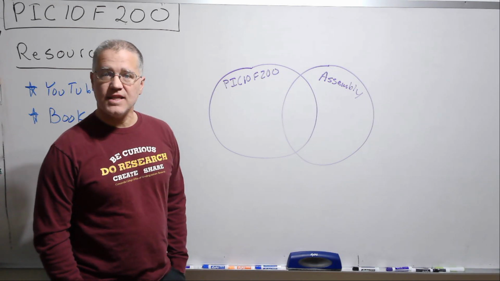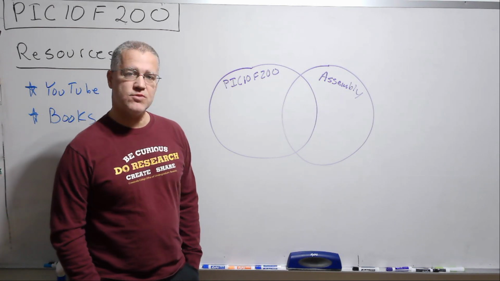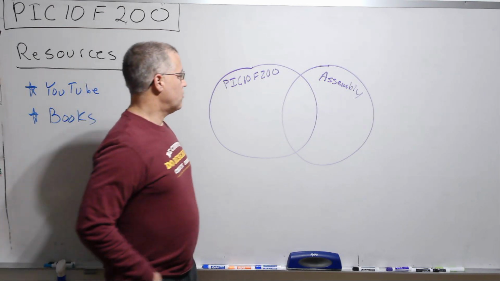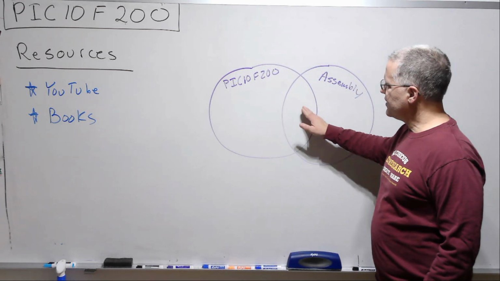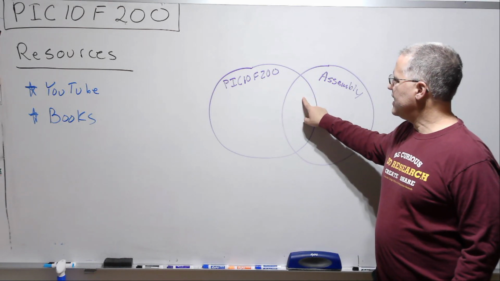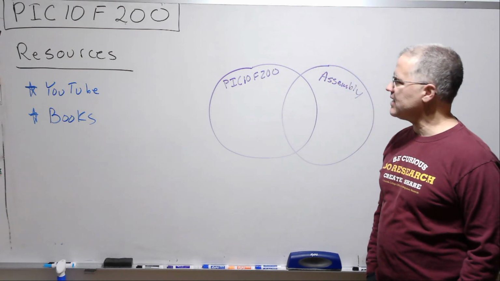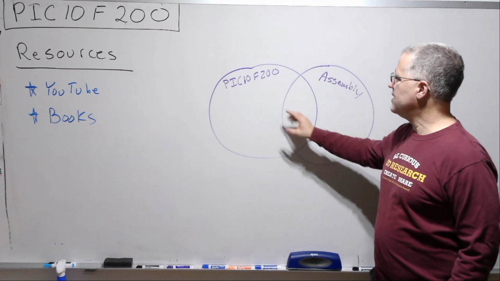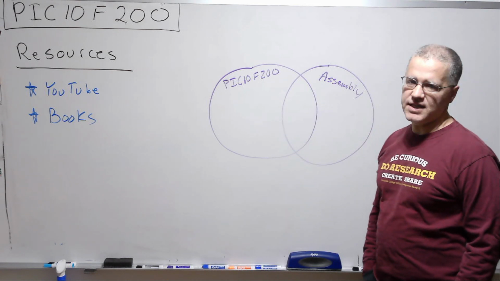That is less common in some of the YouTube channels than just programming in C. So we're sitting right here at this intersection of these two. There's a couple of YouTube channels that do sit here, but oftentimes the assembly ones are talking about a different microcontroller, and then there's some PIC 10F200s that are using C instead of assembly.